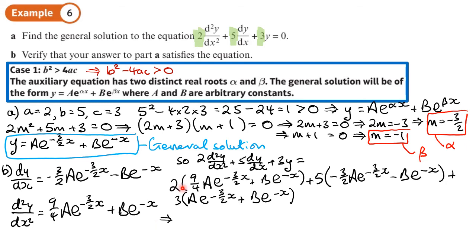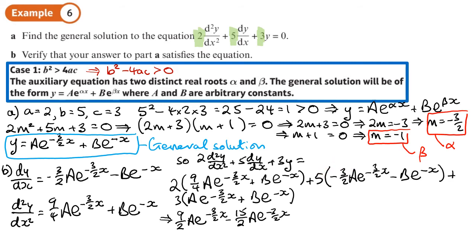Right, so expanding the brackets. From the first bracket, these two will give me 18 over 4, which will be 9 over 2. So 9 over 2 a e to the minus 3 over 2x. Let's do all the a terms. Minus 15 over 2 a e to the minus 3 over 2x, so that's from multiplying that out.